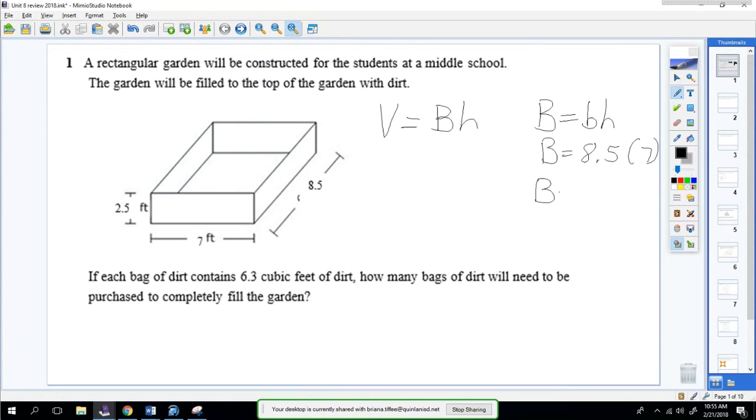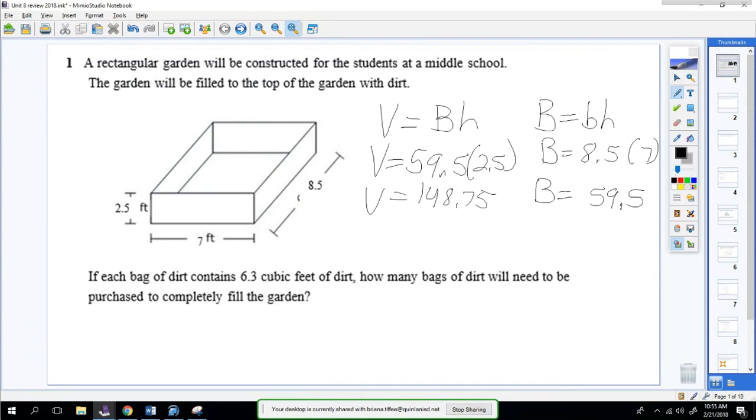Well, 8.5 times 7 is 59.5. So that's my big B. Now we're going to do big B, which is 59.5, times the height, which is 2.5, which is 148.75. So the volume is 148.75, but that's not what it's asking for.